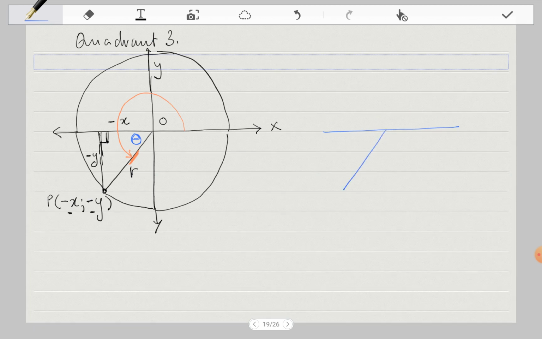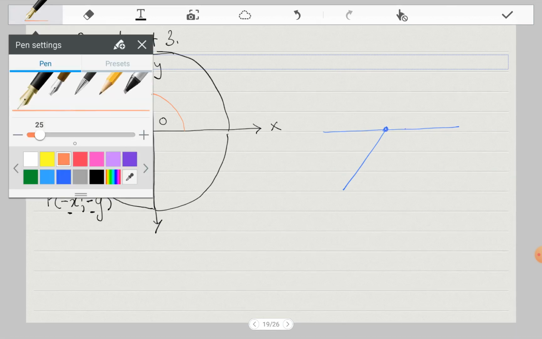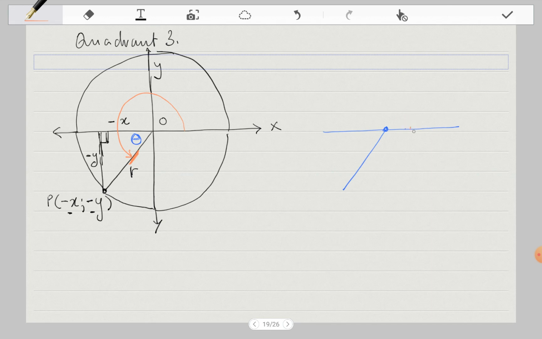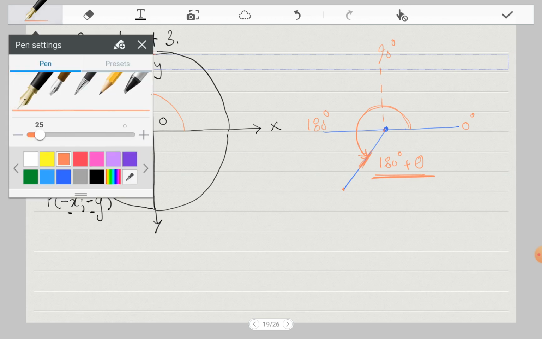If you've got another line coming down there, you go all the way around from here to there. So if you think about this being 0 degrees, and then you've got your 90 here, and here this is 180 degrees. When you're at this point, this is 180 degrees plus theta. So just remember for the third quadrant, we're at 180 degrees plus. This is what we are sitting on.